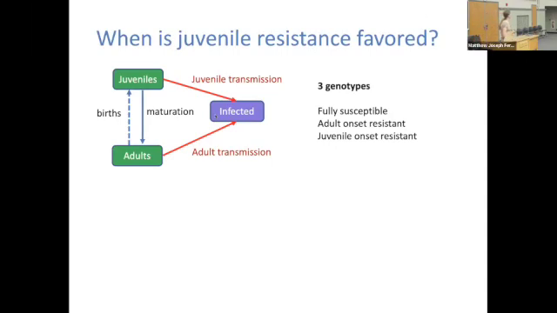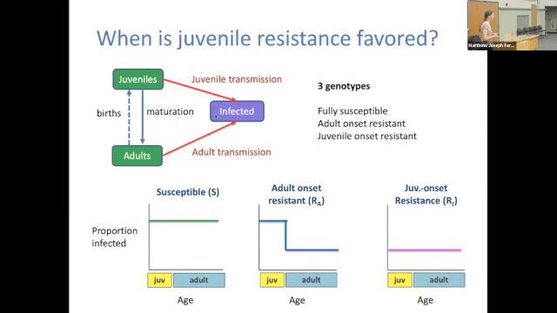I started off with a very simple model, just juveniles maturing into adults, and then both can get infected. And for this, I kept all the transmission rates the same, so it's the same currency, density dependent. And then I ran simulations with a couple different genotypes. Here's age along here.